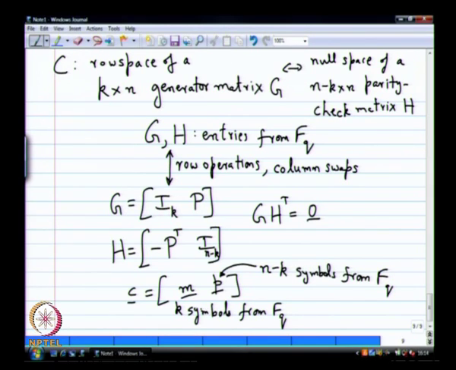This m is my free variable, so to speak, I can pick m as anything I want. Then I can use either the generator matrix G or the parity check matrix H and construct the parities as m times P. Sorry, m times capital P, I should be careful. So, the small p equals m times capital P. That is the idea.